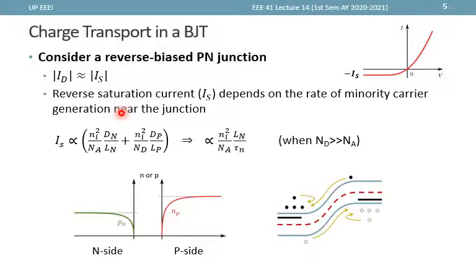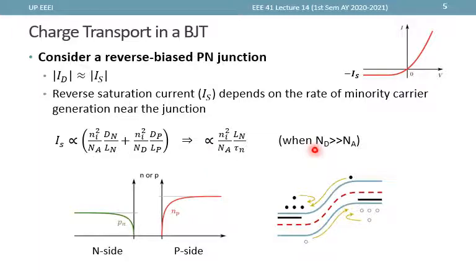Inspecting further, IS is proportional to this term right here, where if we have ND much greater than NA, so that we focus only on one side, then we'll just remove the term where the ND is at the denominator and end up with this one.